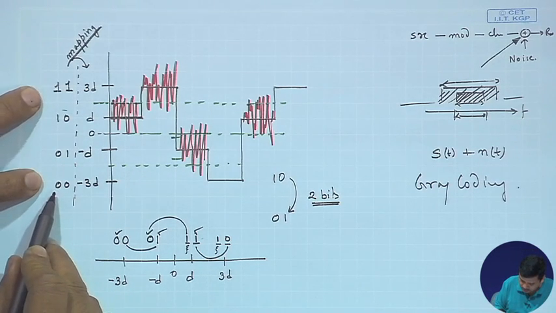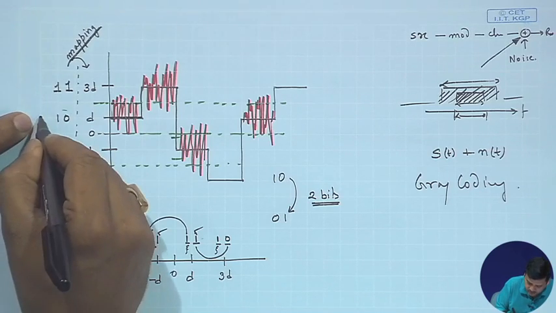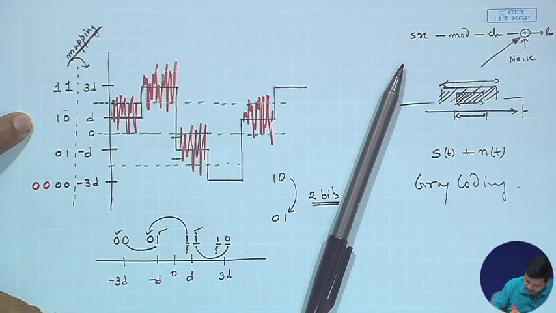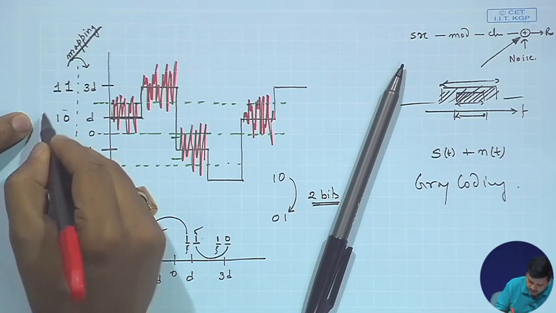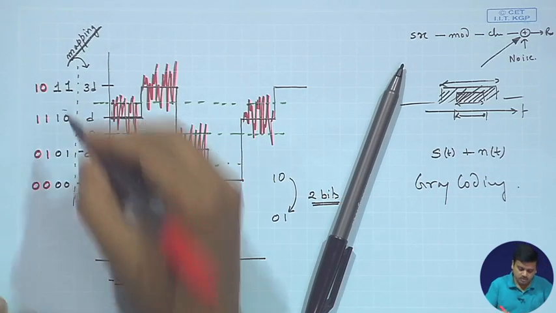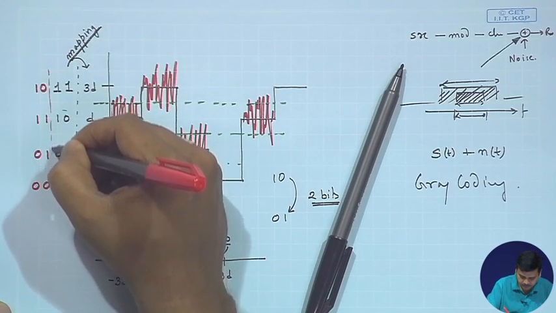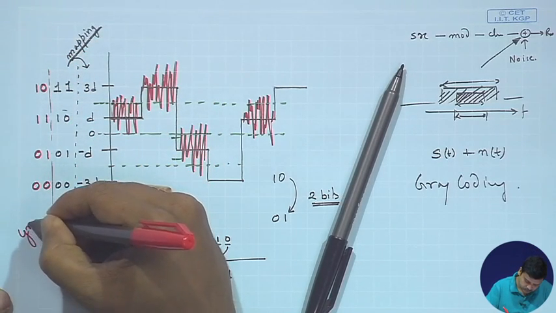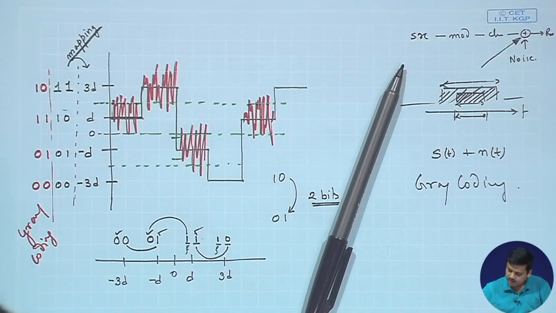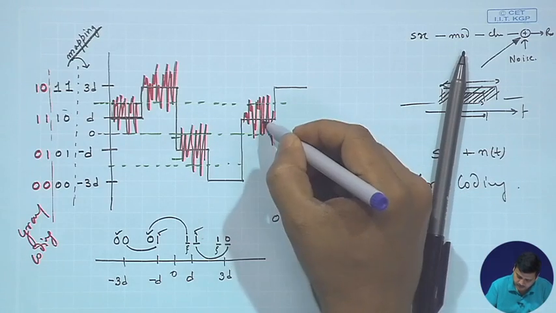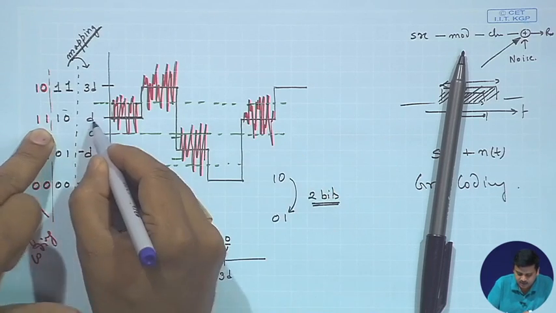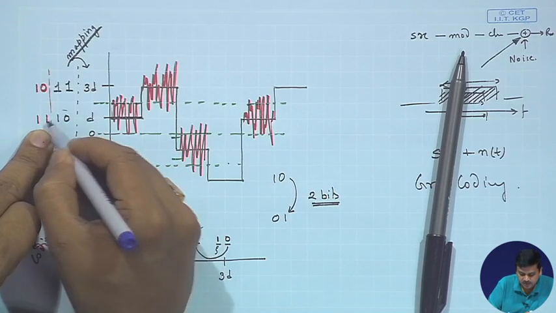Minus 3D is 0 0, minus D is 0 1. So, here we flip. So, what we do is, instead of this, we make it as 0 0, 0 1. Now, we make 1 1 and 1 0. So, with this new mapping, what we are going to get is that if you are making a mistake here, we take the same example, you have a 1 0 that was sent as D. So, look at this, we are just simply changing the mapping.